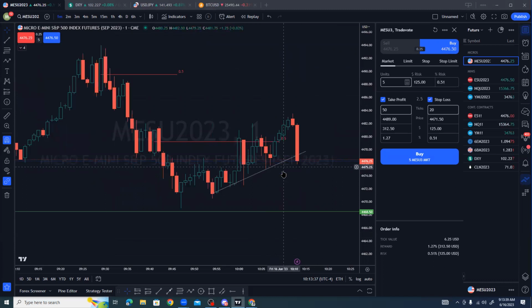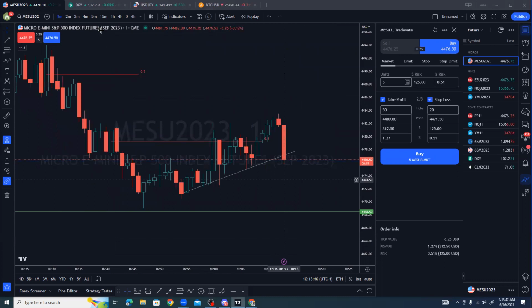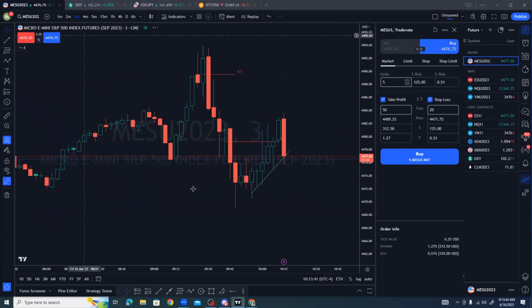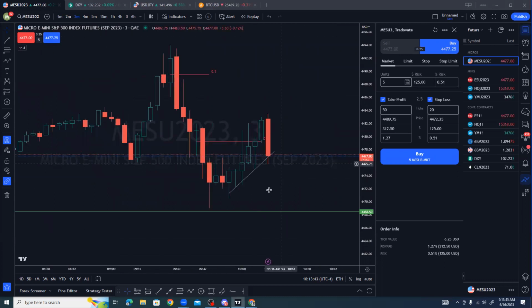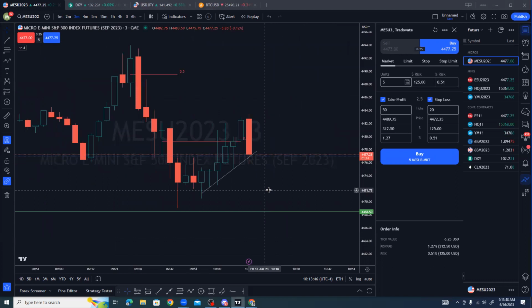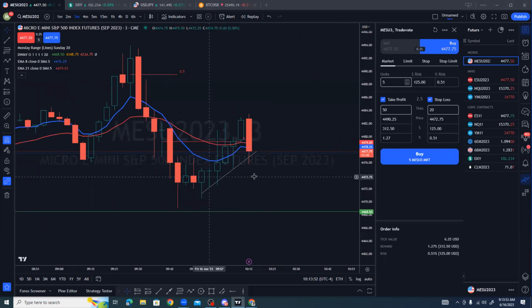So we're breaking down into that liquidity. Let's look at it on a higher time frame. Let's see, what are the moving averages telling us? Yeah, it looks like we're leveling off a little bit.